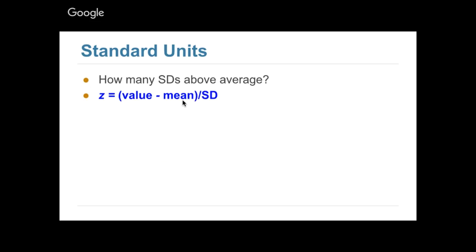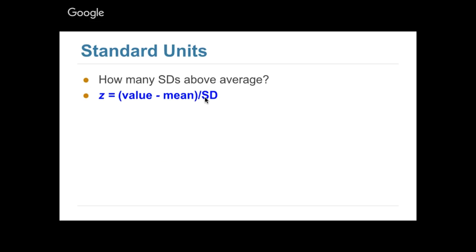So if my average was 10 and my standard deviation was 2, and I have a value at 12, I do 12 minus 10, divide by the standard deviation. That value at 12 is 1 standard deviation away from the mean. If I had a value at 13, I do the same calculation, and I get 1.5 standard deviations above the mean.